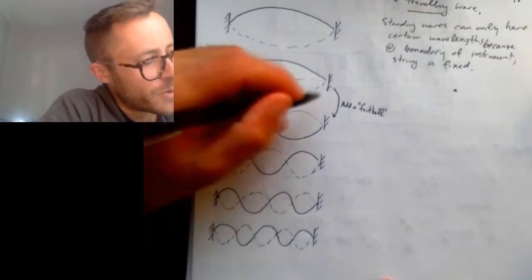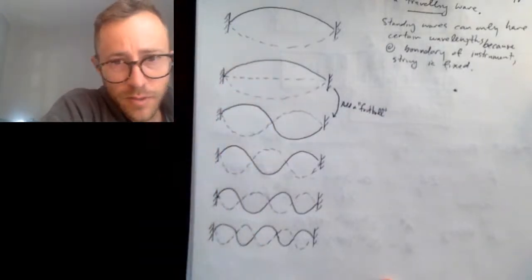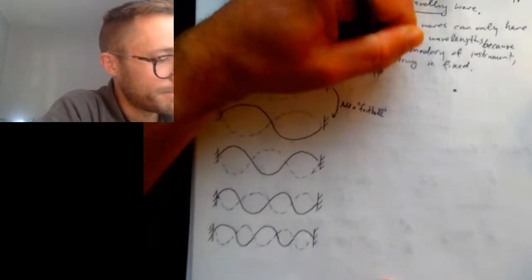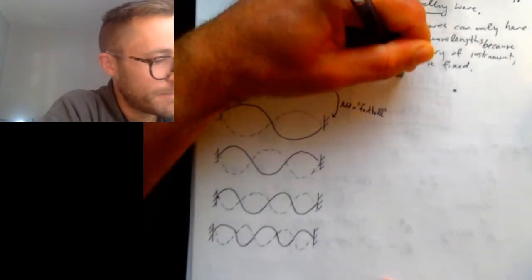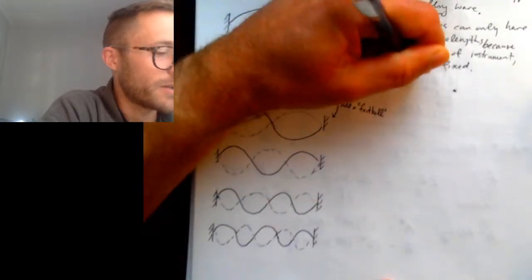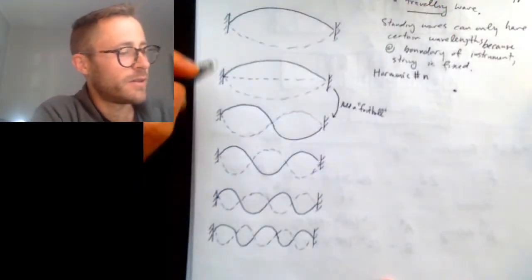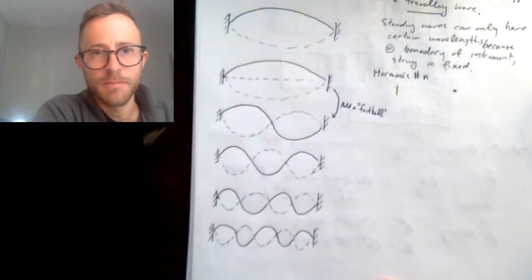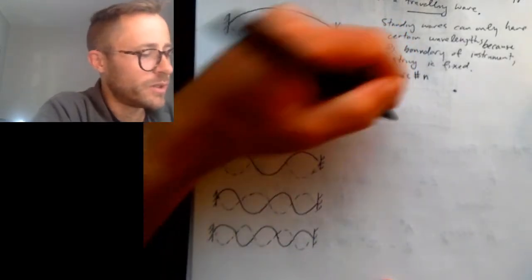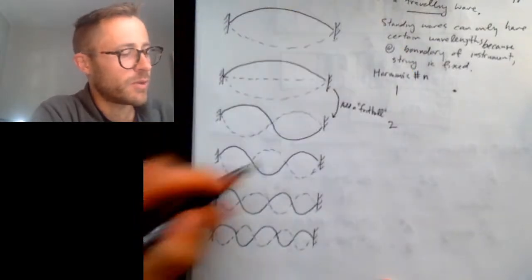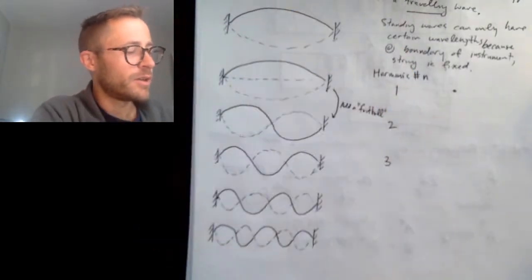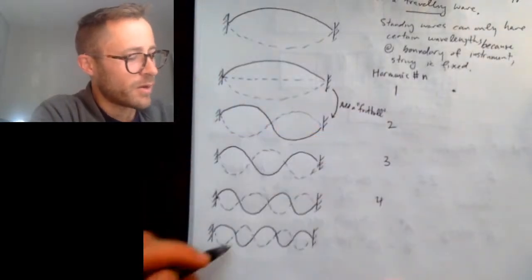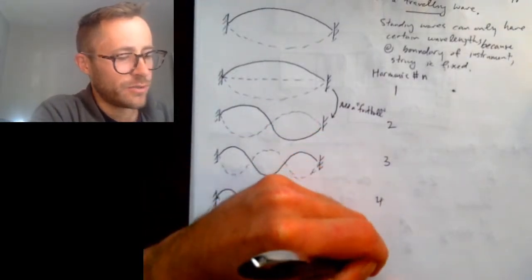So the number of footballs in the standing wave is called the harmonic. The harmonic number, which is denoted by n. So this is harmonic 1 because it has 1 football. This is harmonic 2 because it has 2 footballs. This is harmonic 3 because it has 3 footballs. This is harmonic 4, harmonic 5, and it continues.